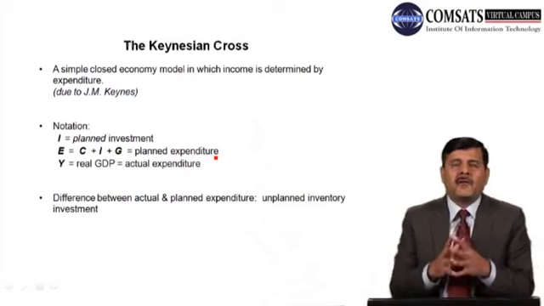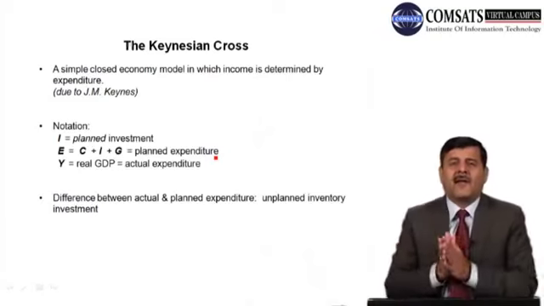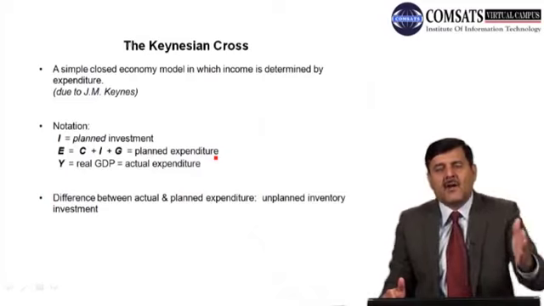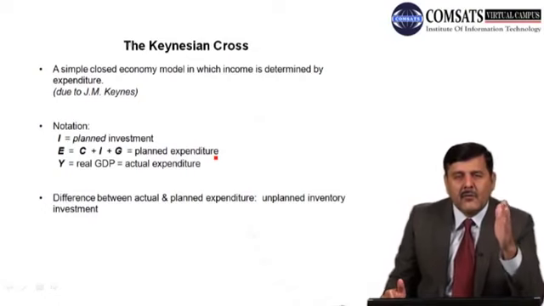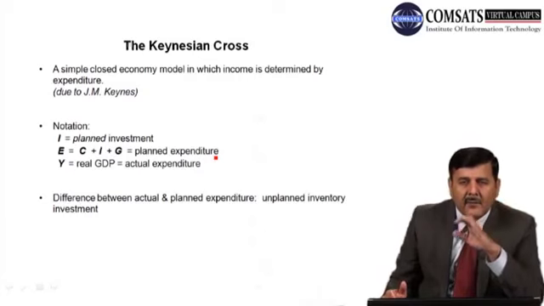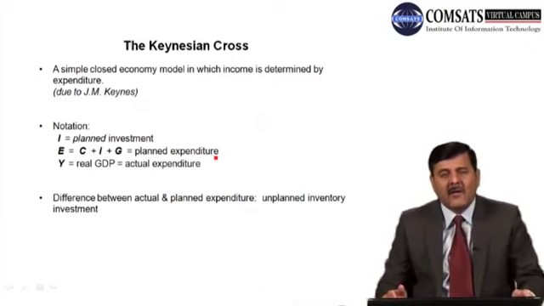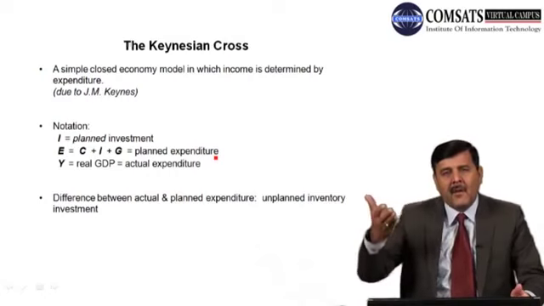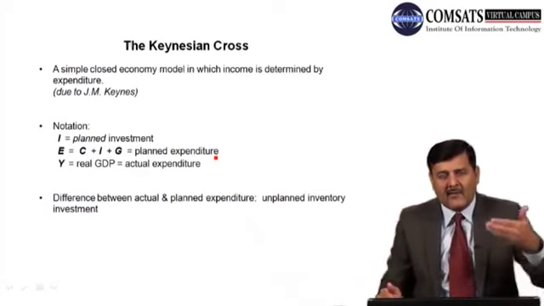So the difference between the two: we have planned expenditure, where we plan that we will spend on these things, invest here, and the government plans that these will be the expenses. But at the same time, besides planned expenditure there are actual expenditures. So the difference between actual and planned expenditure is basically the unplanned inventory investment. Sometimes this unplanned inventory investment goes up, sometimes it goes down, and then it accordingly affects the economy, the level of output in the economy.